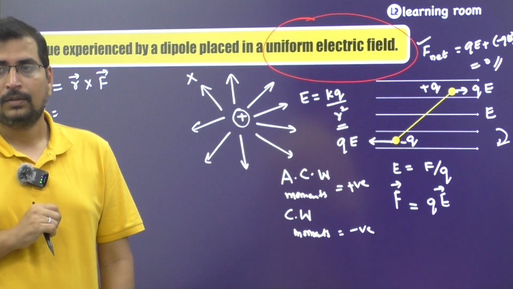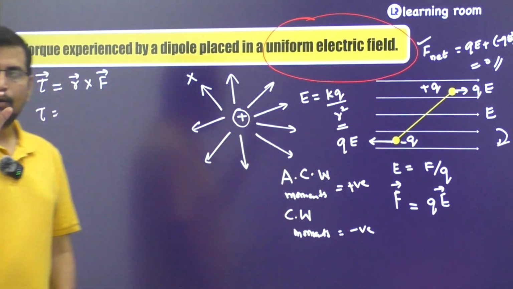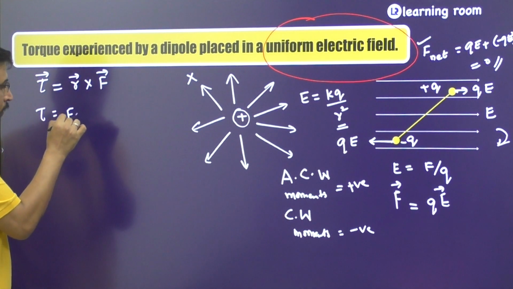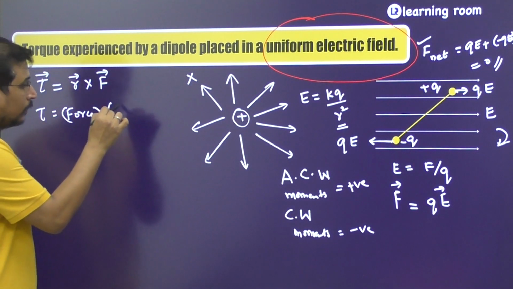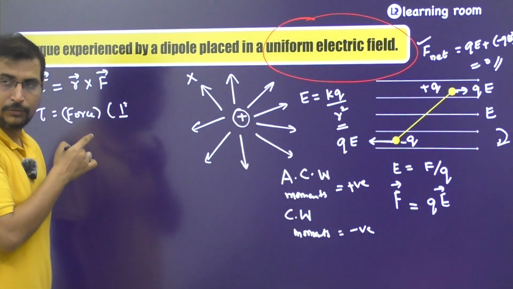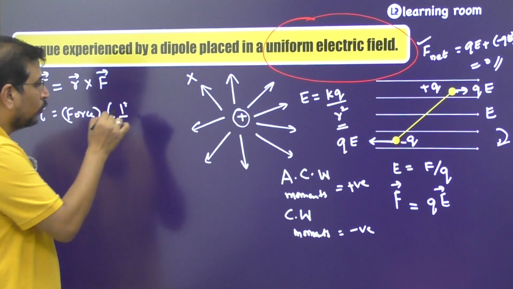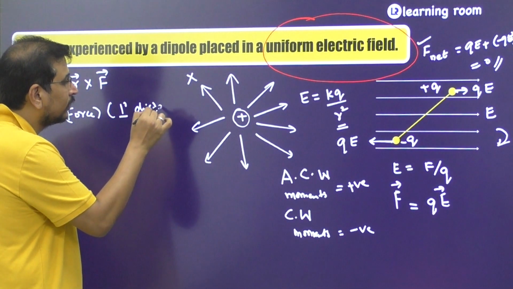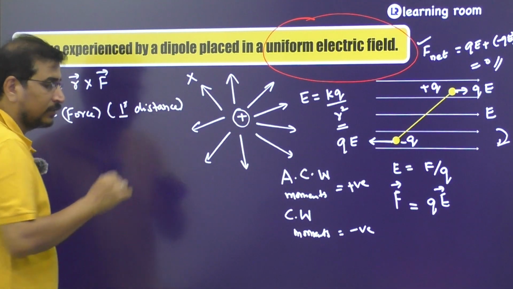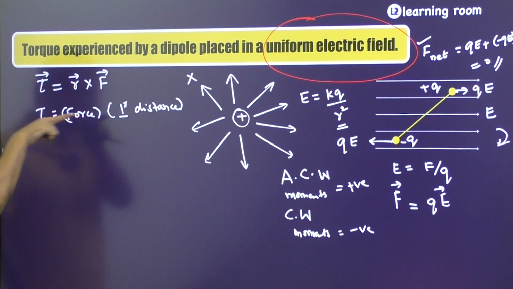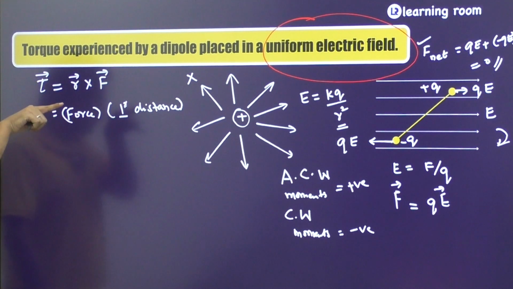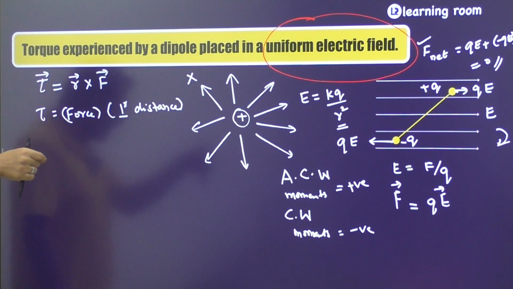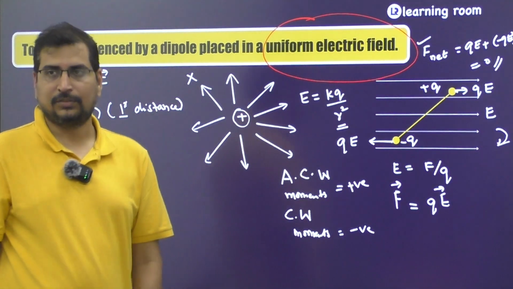They say something like force into perpendicular distance. Have you seen this? Whatever force you are applying, from the point of application of force to the axis of rotation, find the perpendicular distance.